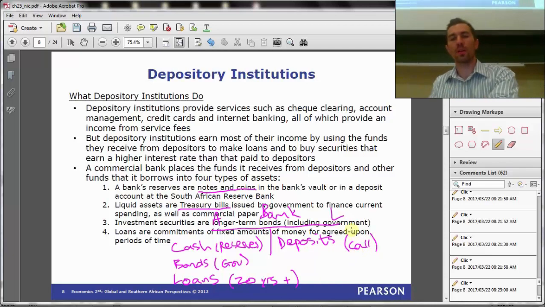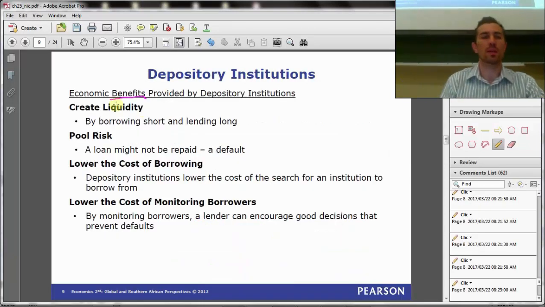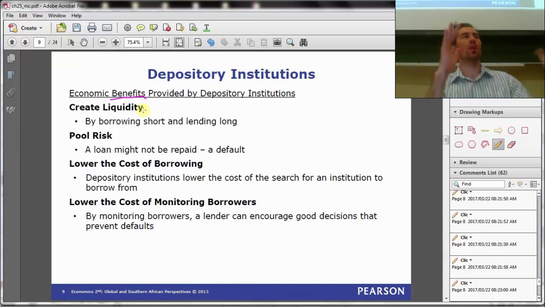So their liabilities are short term, the loans are long term. What that means is it improves the liquidity of the loans. It converts the loans from something that is a very long-term financial instrument into a deposit which is a very short-term instrument, right?